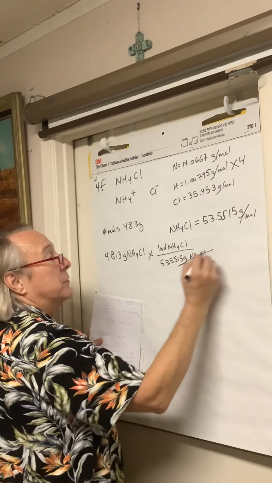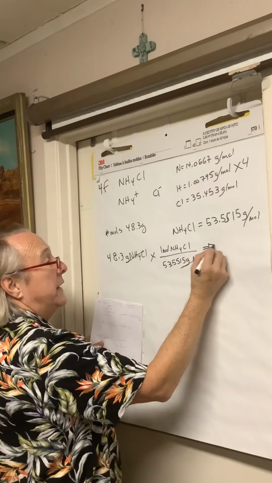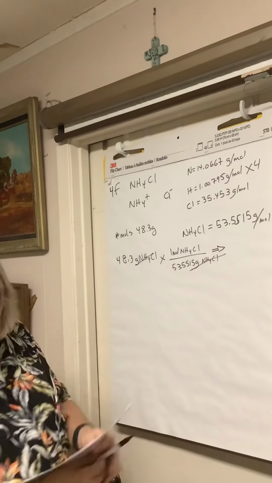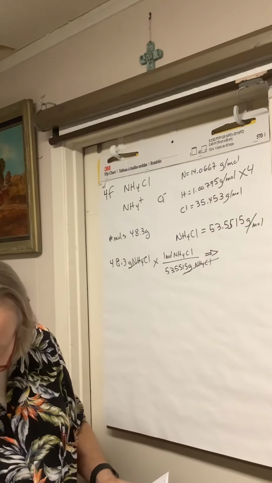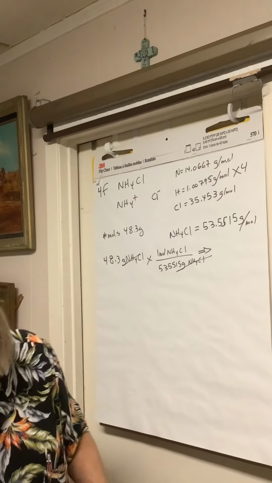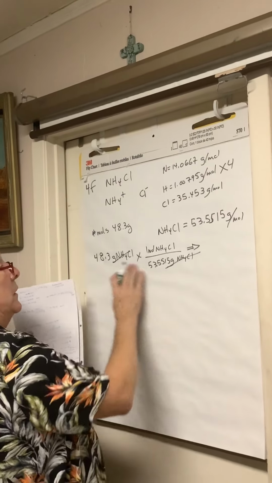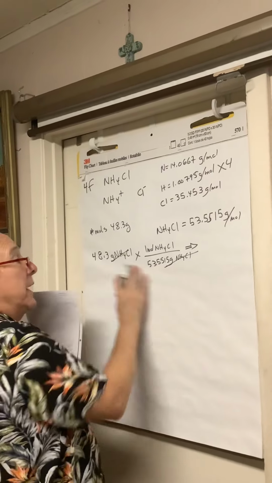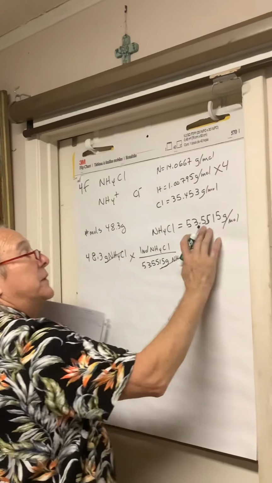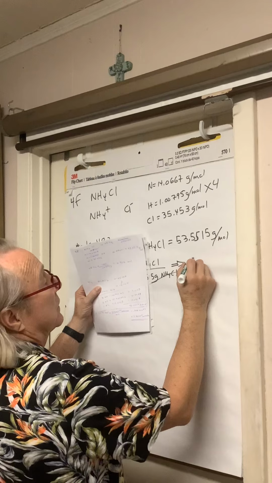So my grams of ammonium chloride cancel, and I'm left with moles. And my answer here will be, if I can get a different color, we go. You can see, it's going to be less than a mole, because a mole weighs 53 grams and you only have 48. And that's exactly what my answer says.